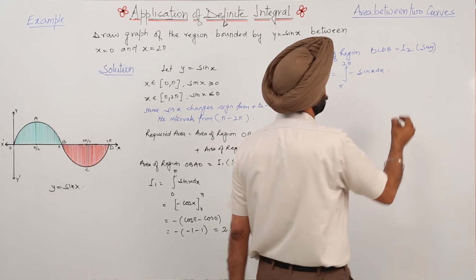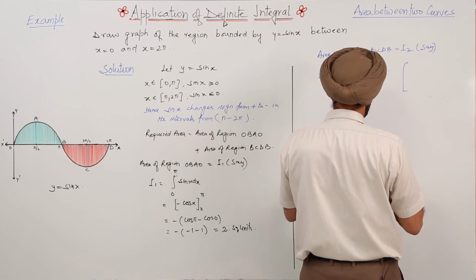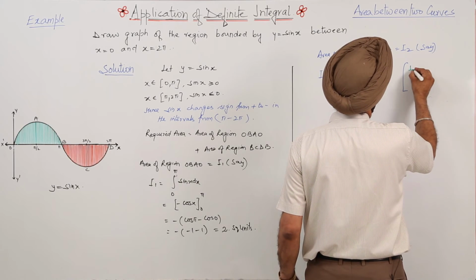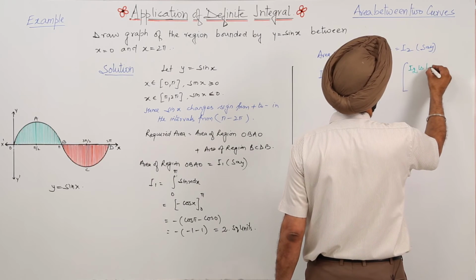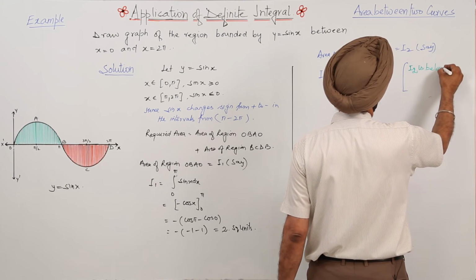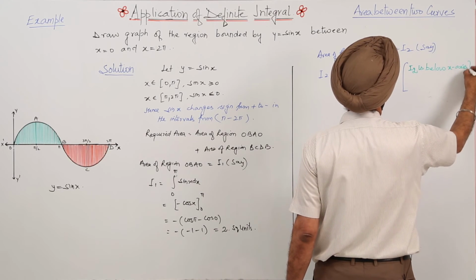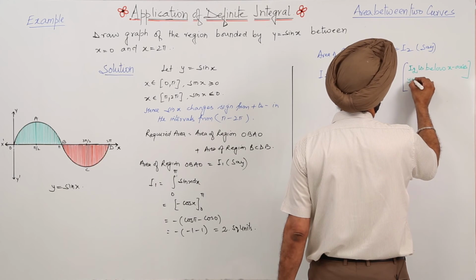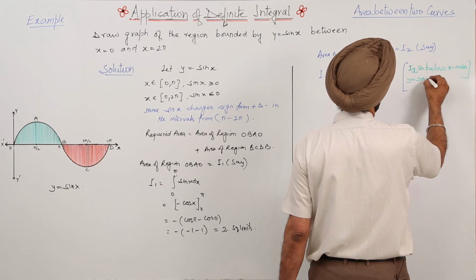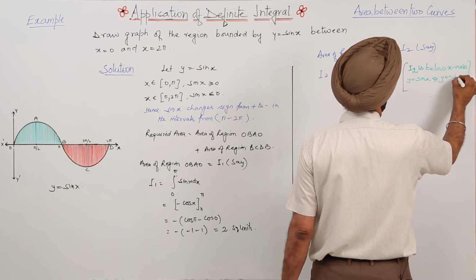Okay, I2 is below the x axis, so y is equal to sin x implies y is equal to minus sin x.